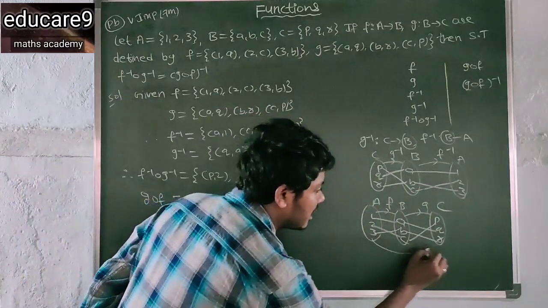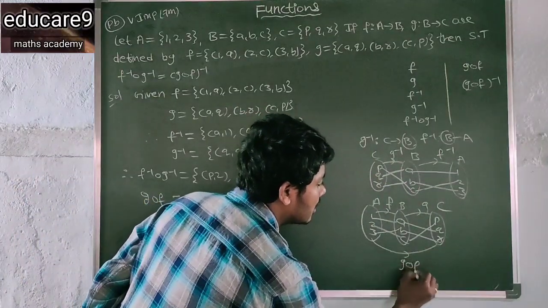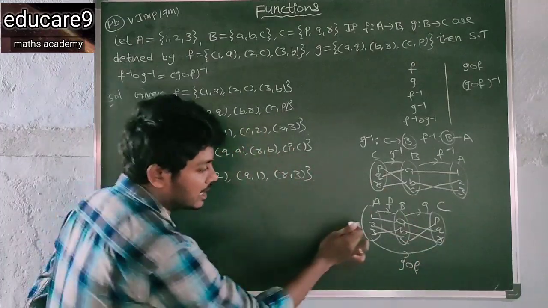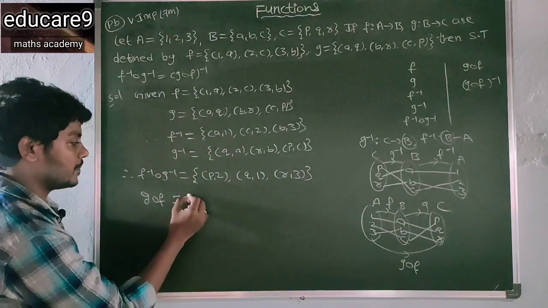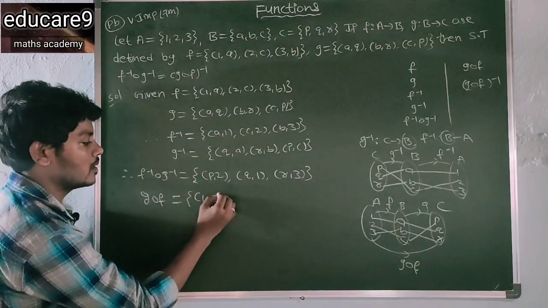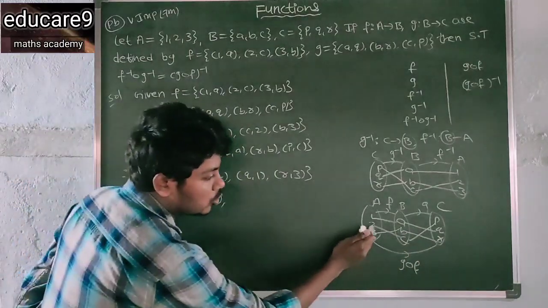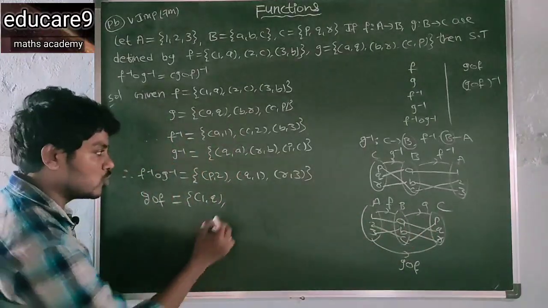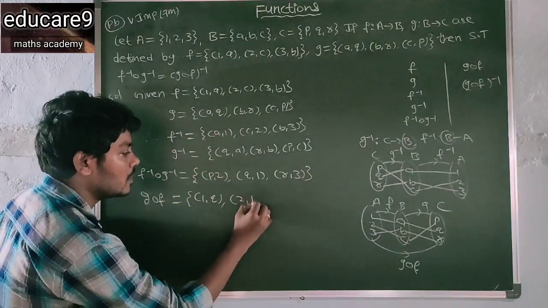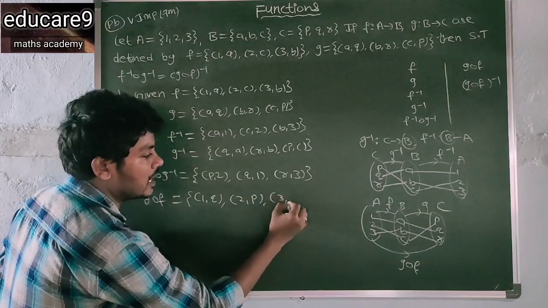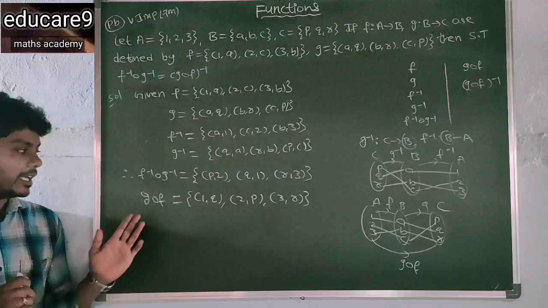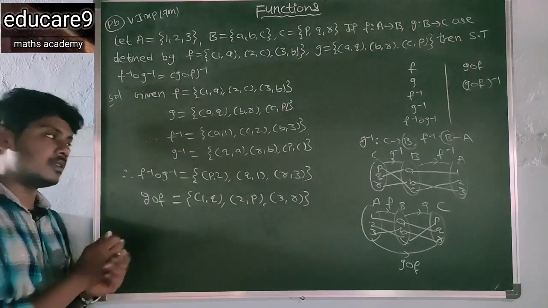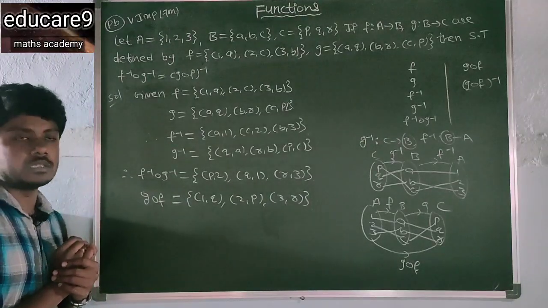Therefore, the G circle F mapping is what? A to C, and that is 1 comma A comma Q. So clearly 1 comma Q. And 2 comma C comma P, that is 2 comma P. And 3 comma R. This is what? G circle F. So clearly G circle F is a bijection, therefore the inverse exists.